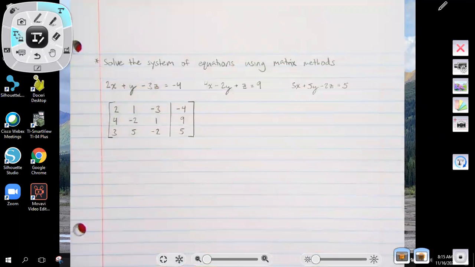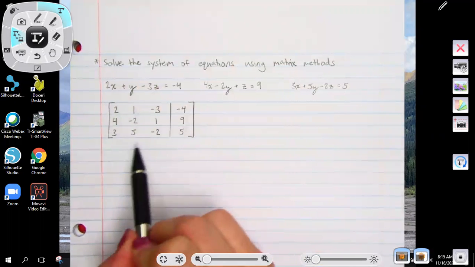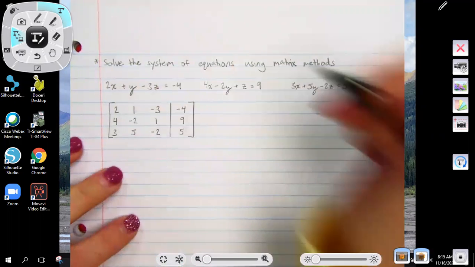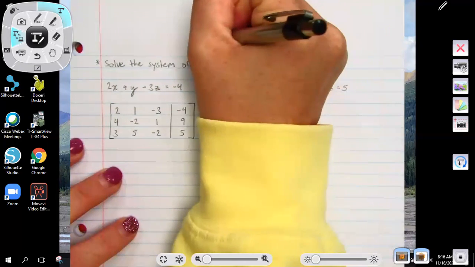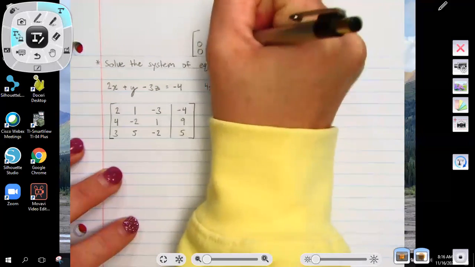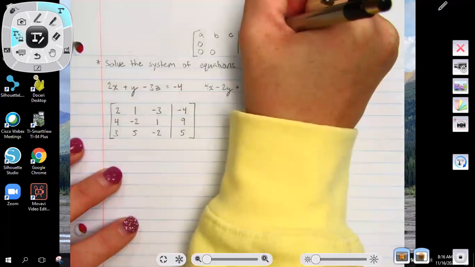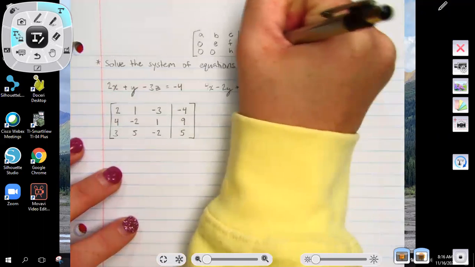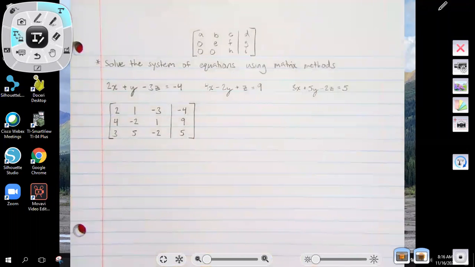Okay, so just like before, we do have a goal that we want to reach with this matrix. There's a certain way that we need our matrix to look. We need our matrix to look like this.